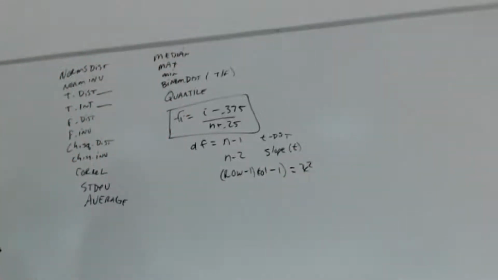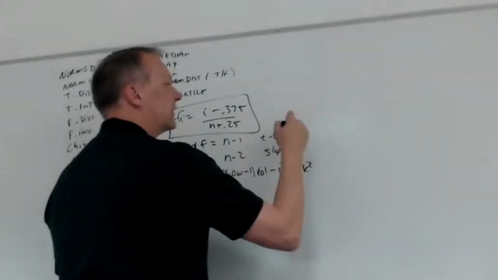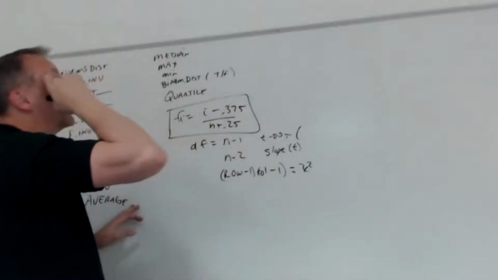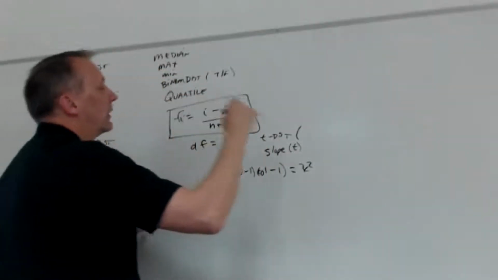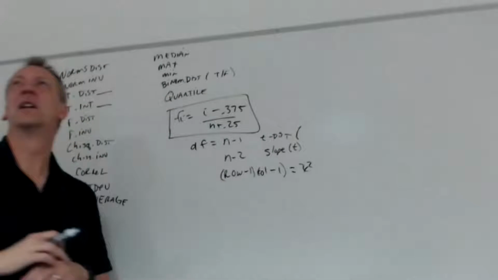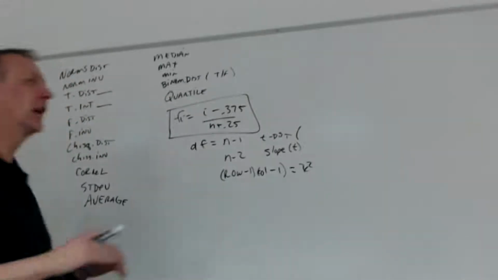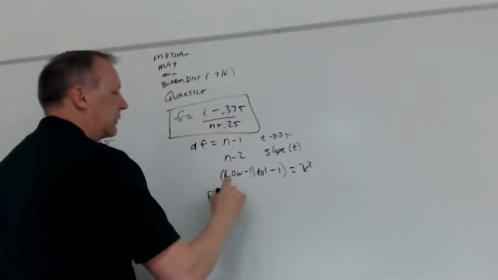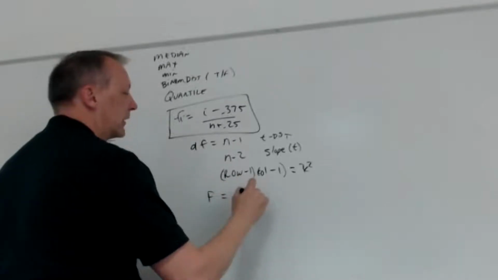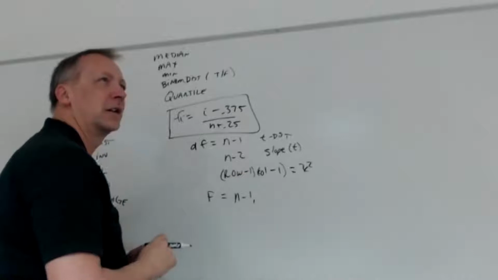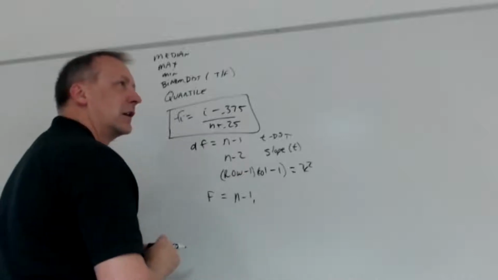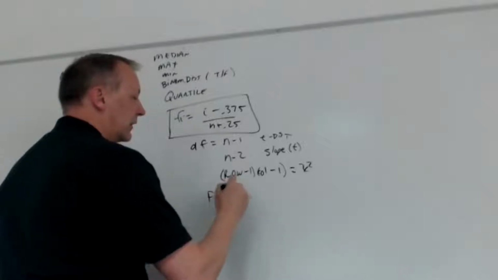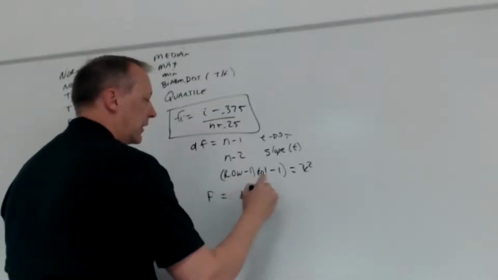F is also n minus 1, isn't it? Actually, let's think about this. F is weird. It's your number of samples minus 1, and n minus k.